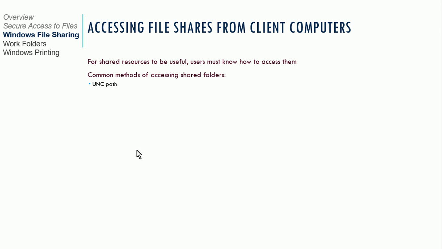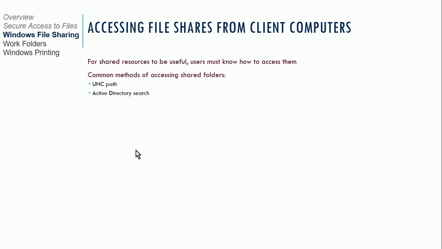The backslash, by the way, is the one above the Enter key. Bob, which is the name of the server, backslash documents, which is the name of the share. And then it might ask me to log in if Everyone read is not enabled, so I'll have to log in for it to check my permissions, and I'll see the files. That's the most straightforward way to access it, through the UNC path, which is just a path that you could enter on any device to try to get to that share.